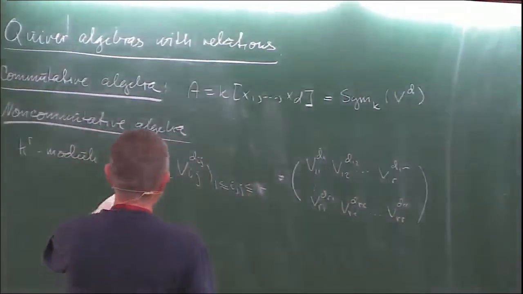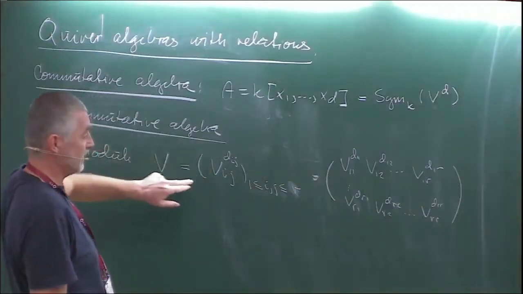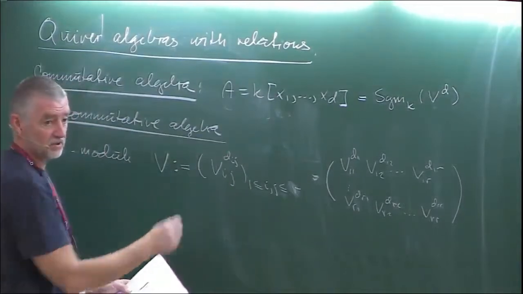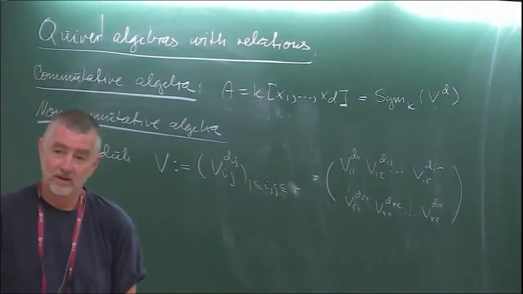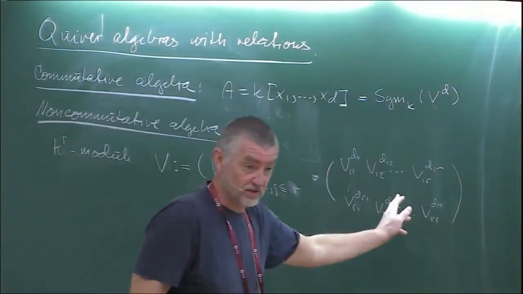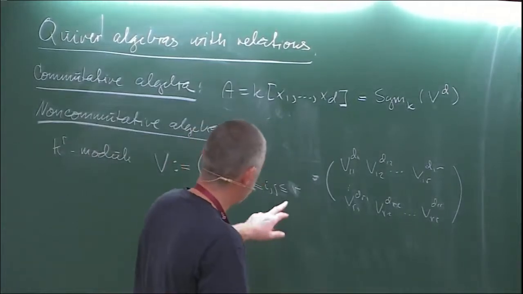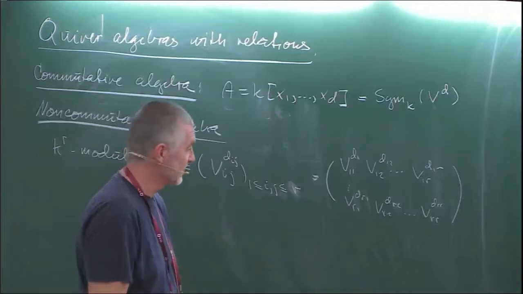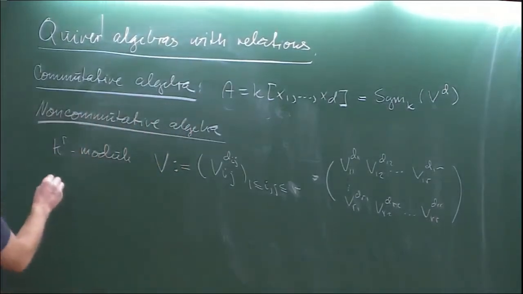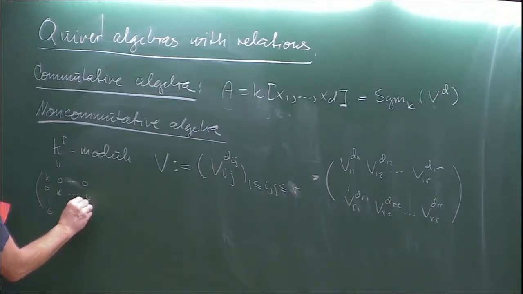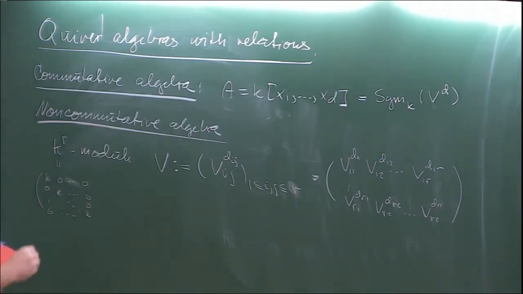First you choose all these V_ij, then you define V as this one. So V is defined by this one. Well, you can choose your favorite vector spaces. R by R matrix. Well, k^r, k, 0, 0, 0, k. So just k on the diagonal. And then you just multiply it.